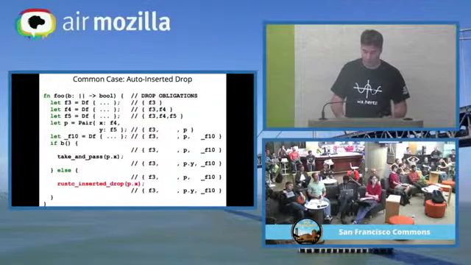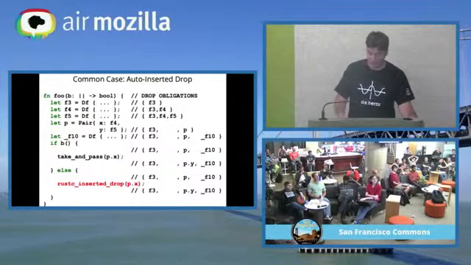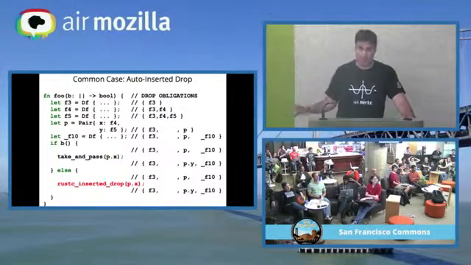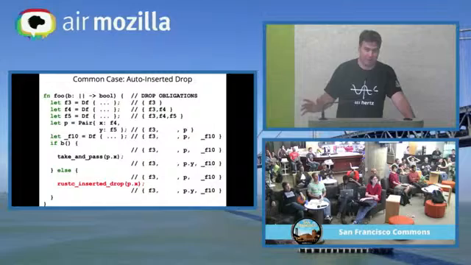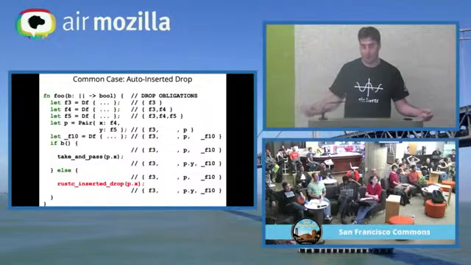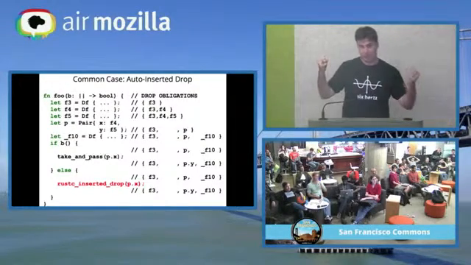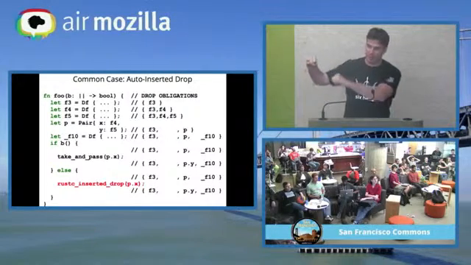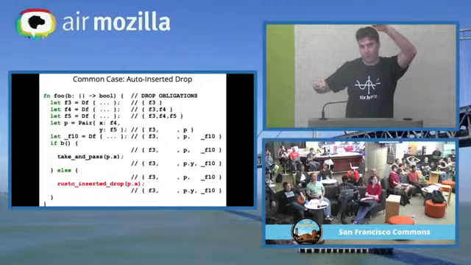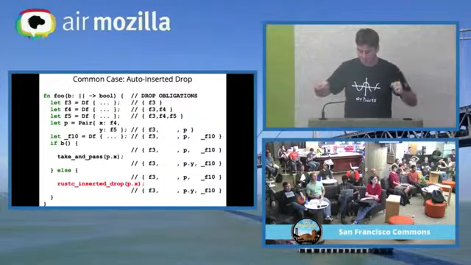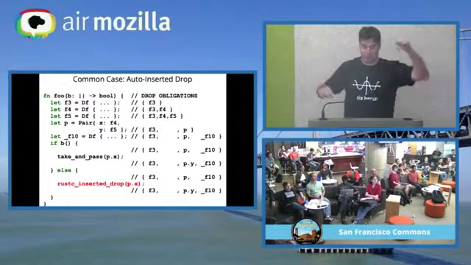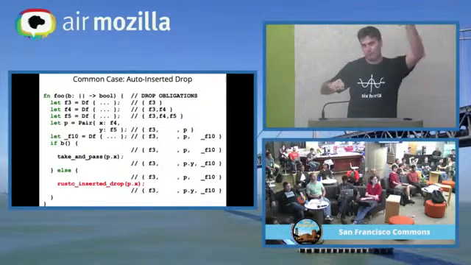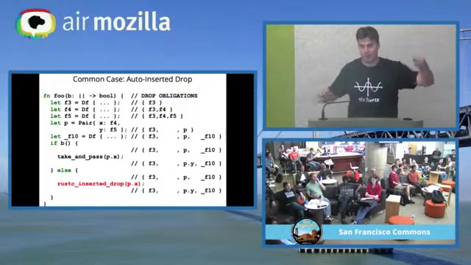Basically, we were going to drop P.x. Under the dynamic drop semantics, we were going to drop all of P at the end of that block, which effectively means we're going to drop P.x and P.y. And what this change does is it shifts both those separate drops of P.x and P.y. It moves one of them up to an earlier point in the control flow. So that's why you get this auto-inserted drop, where conceptually we're just moving code that was already going to run, upwards to an earlier point.